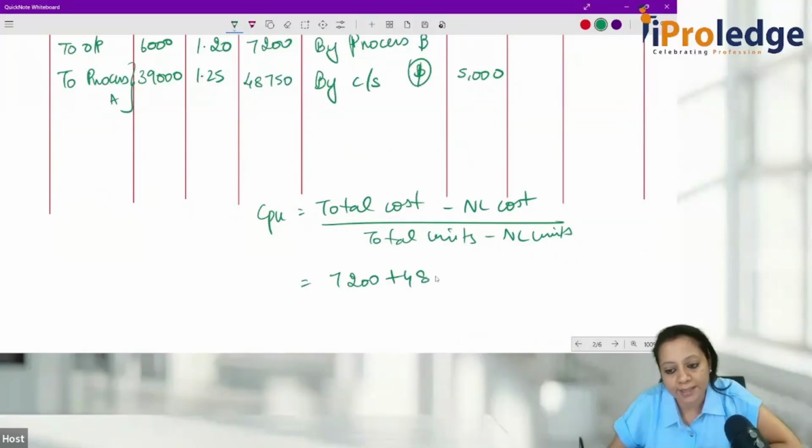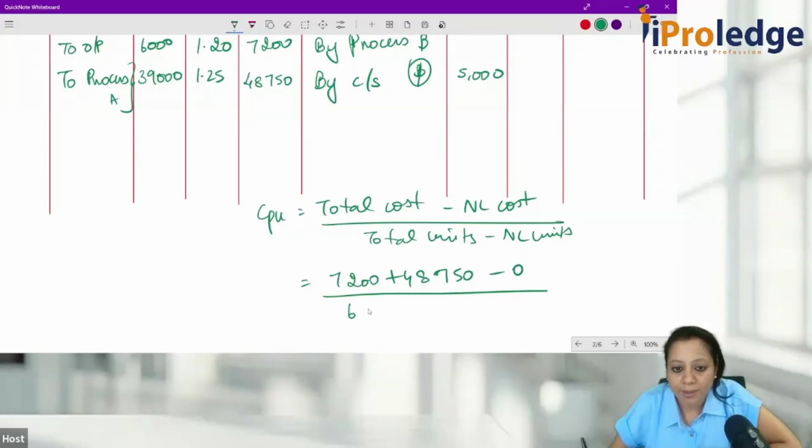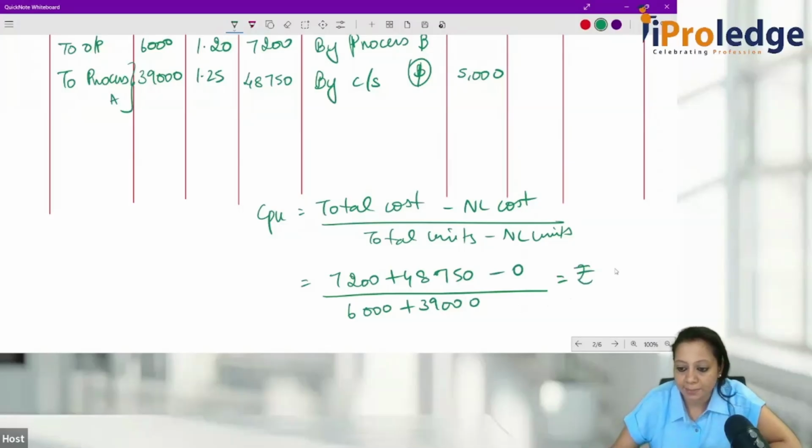Yes. So it is going to be total cost is how much? 7,200 plus 48,750 minus normal loss cost. Normal loss cost is 0, divided by total number of units, which is 6,000 plus 39,000. All of you please calculate that and tell me.